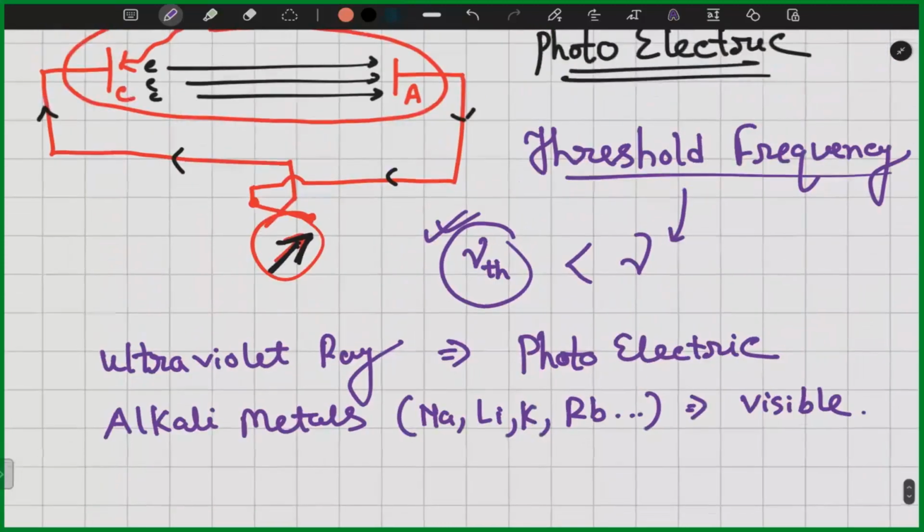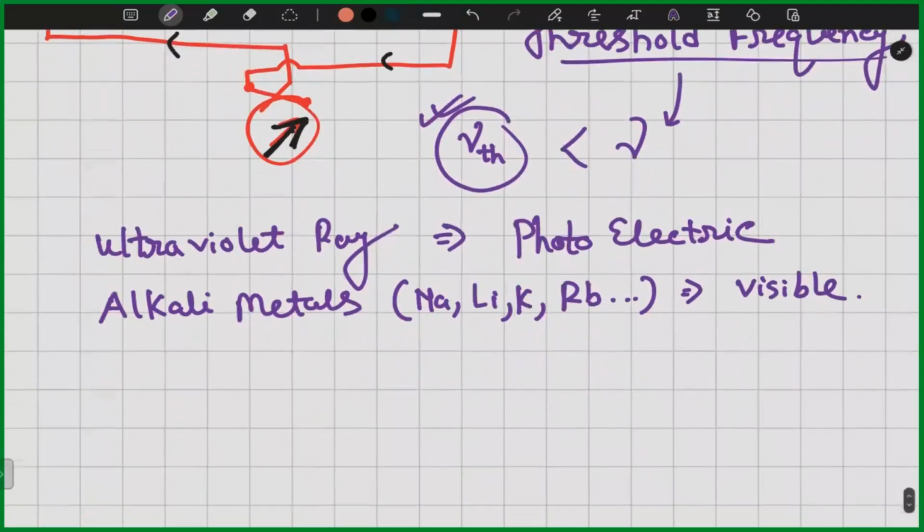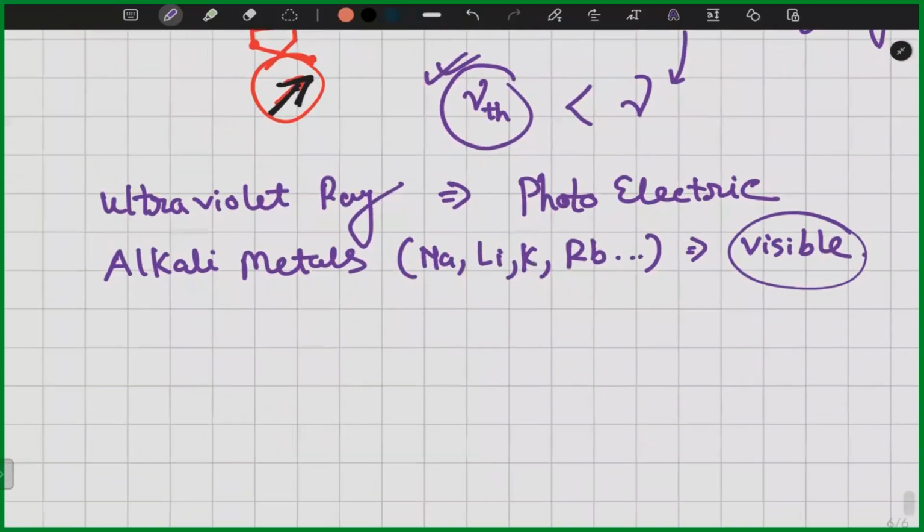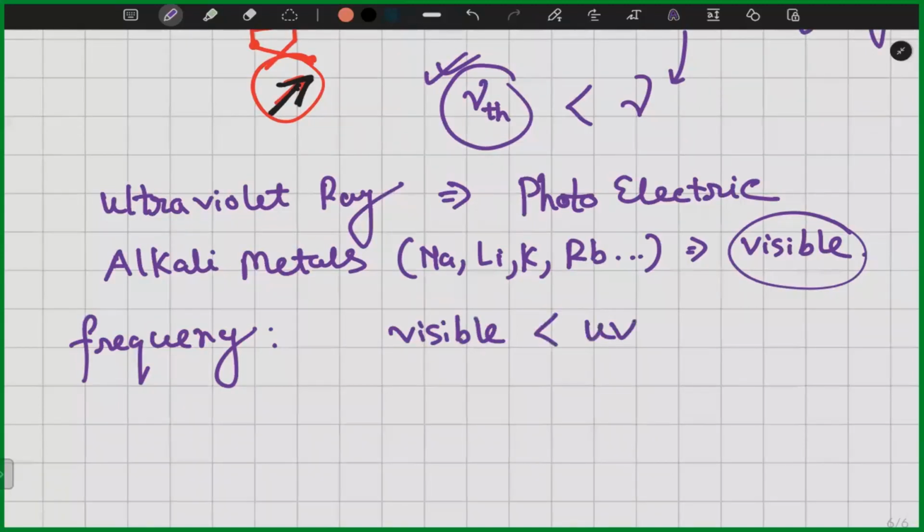If we irradiate visible light, we can also have the photoelectric effect. We know that the frequency of visible light is less than that of ultraviolet. That means for sodium, lithium, potassium, these types of metals, the escape energy is less. Escape energy is the work function, as we discussed before.